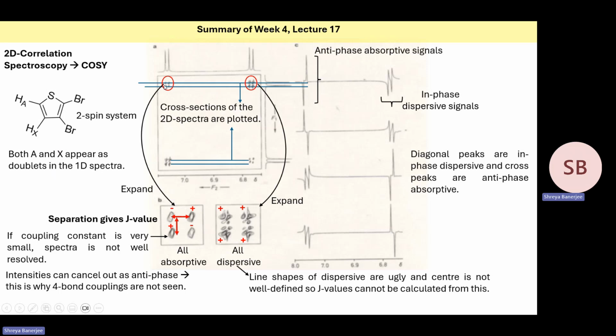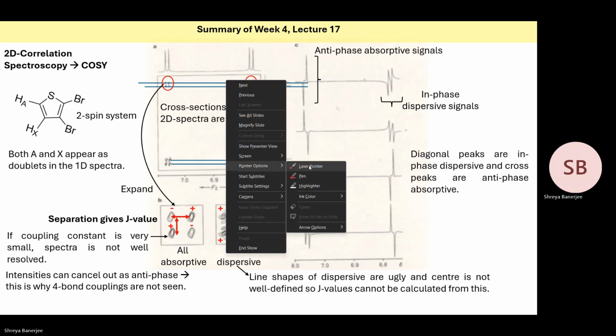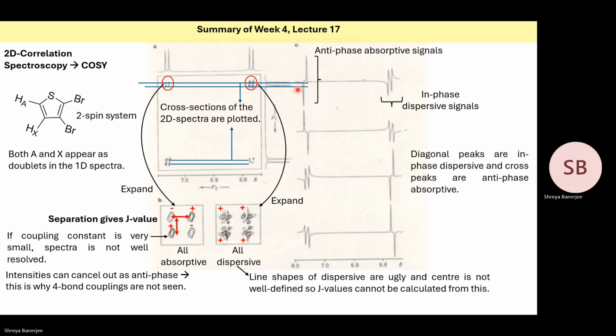Basically, imagine drawing a line like this blue line. If you draw one blue line and see it in the 1D spectra, you will see 4 peaks, because there are 1, 2, 3, 4 points that the blue line passes through. If you look at this first blue line, the first 2 signals will come as antiphase absorptive.